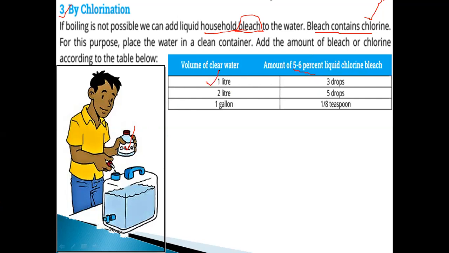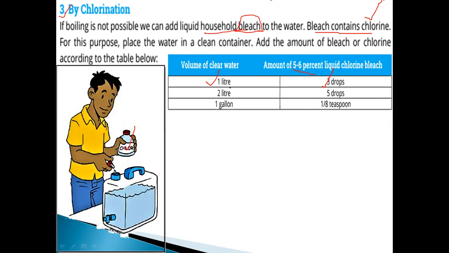If we have 1 liter of clear water, we must not have sandy or muddy water, we must have clear water. For 1 liter of clear water, just 3 drops of that chlorine bleach must be added.